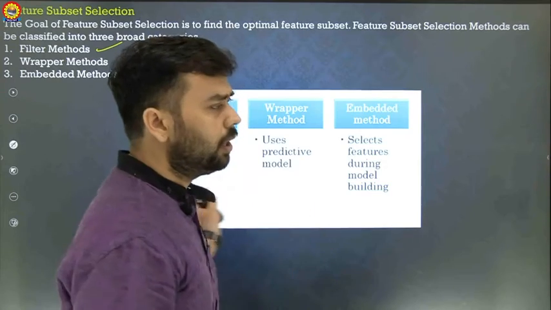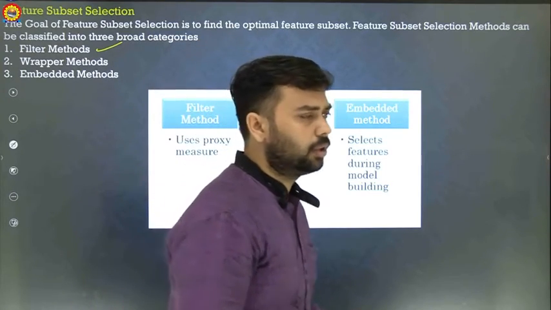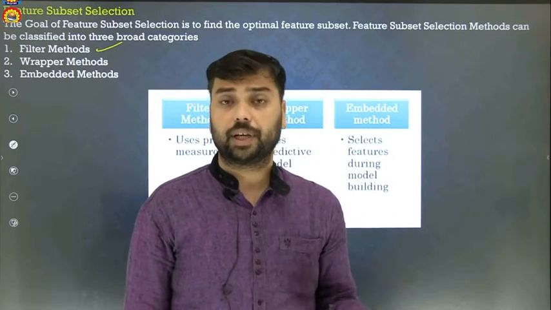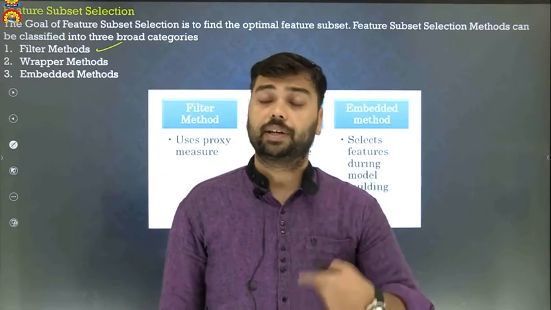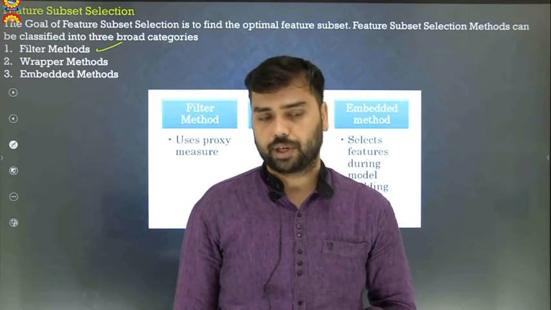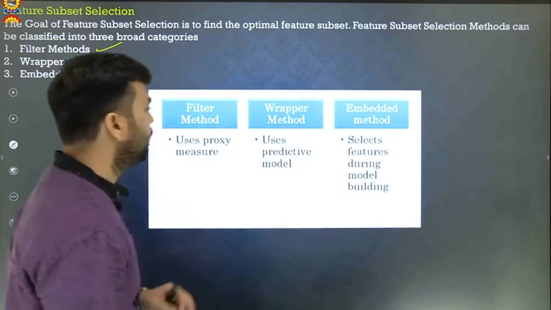Then the wrap method is applied on the algorithm which we are building, and it is an iterative method. Iteratively we perform the filtering, or dimension reduction. And the last one is the embedded method.